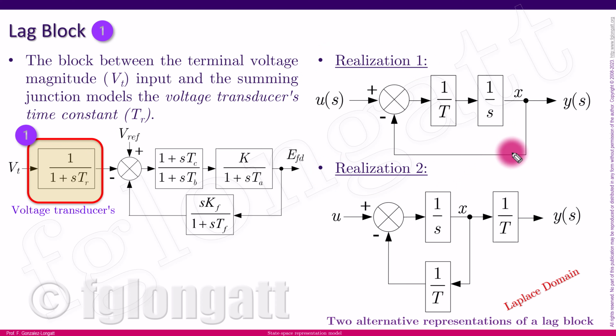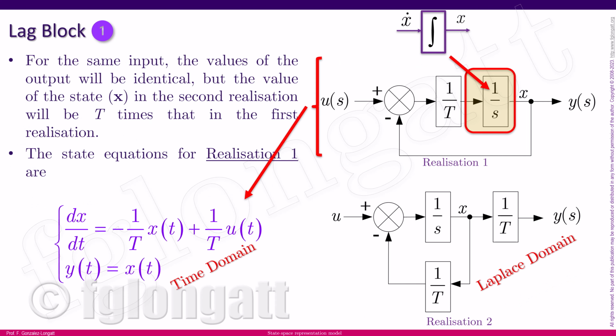Using those two realizations, we need to obtain the time domain equations, or the differential algebraic model. And that is extremely simple, because it's just playing with the block diagram and the flow of signals, and obtaining the equations.